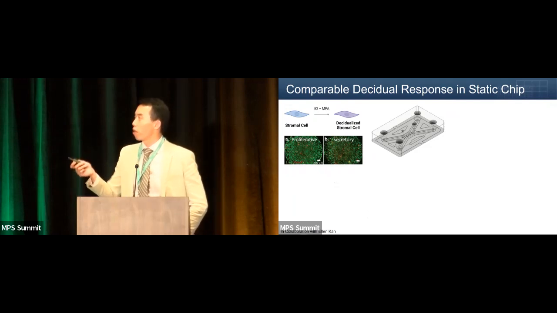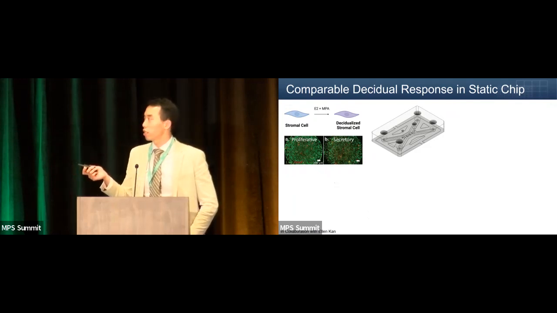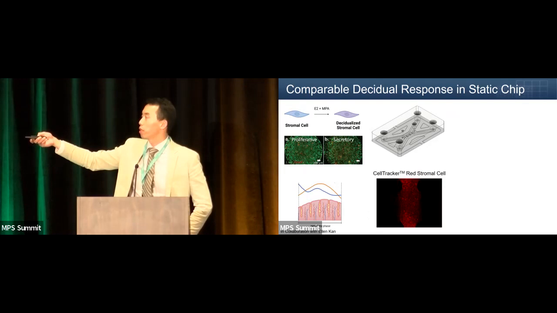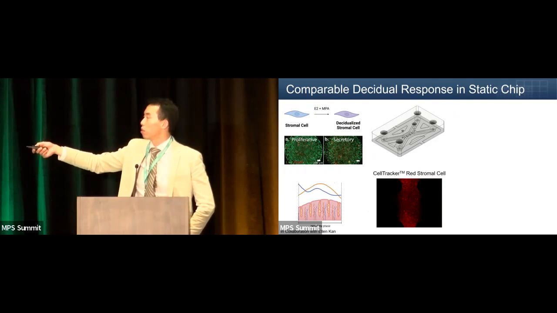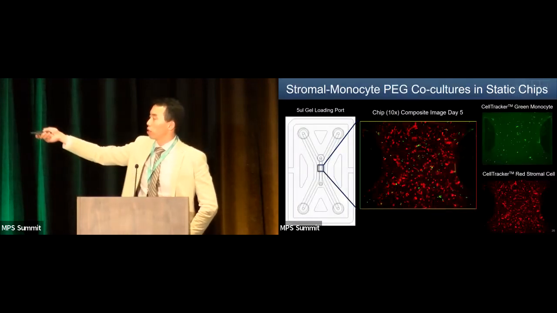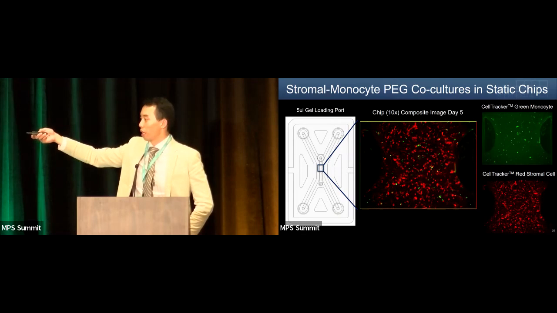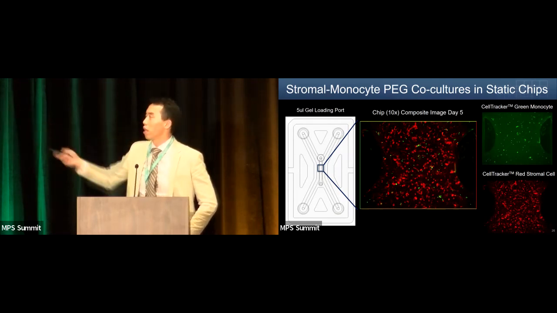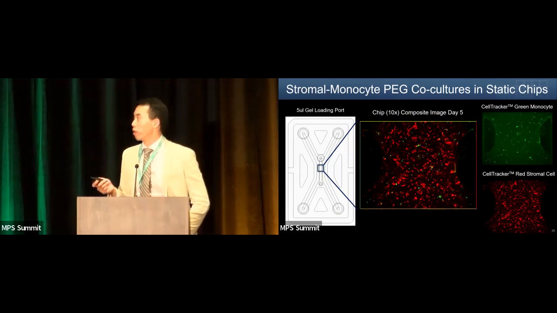So there is a comparable decidual response in this static chip. If we compare these droplets that I've just talked about to this chip, and we attempt to decidualize stromal cells in it, there is a comparable prolactin secretion over time. And we also demonstrated very recently that we can co-encapsulate stromal cells and monocytes and culture them over a long period of time.